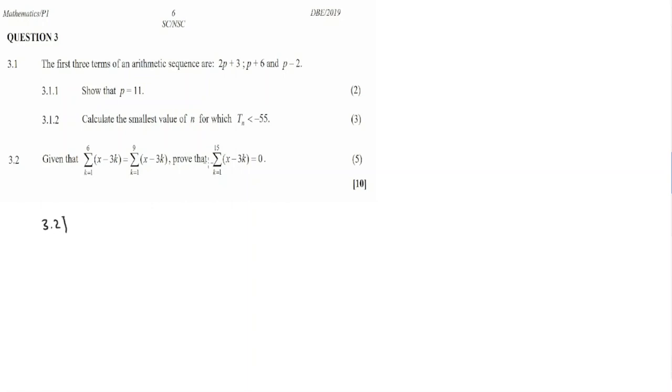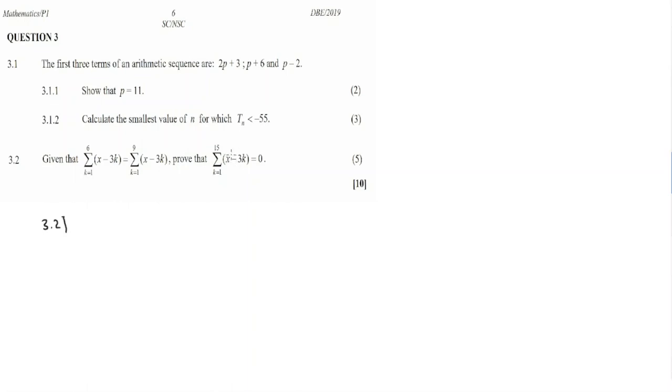Or let me say, if the question said prove that this is equal to maybe x plus 1, then there would be no need to calculate the value for x, because our answer is in terms of x. But now this is equal to 0, so it means I have to calculate the value for x.